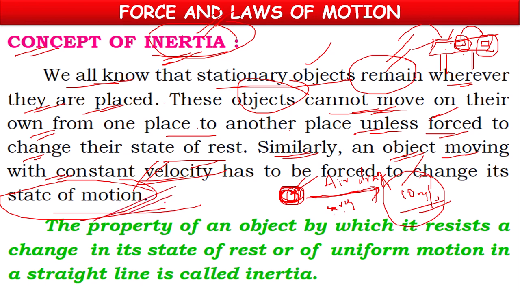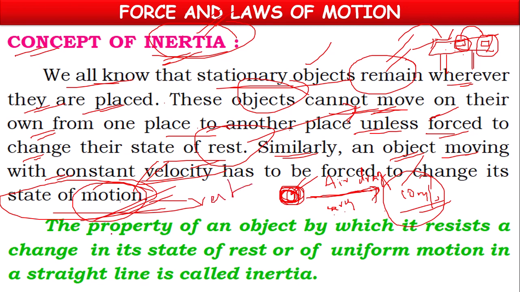To stop its motion, we have to apply force. To make it move from rest position, we have to apply some force. If you apply some force, the body which is at rest will start moving, or the body which is already in motion will come to rest because of the force.